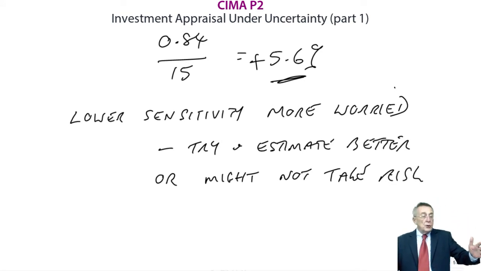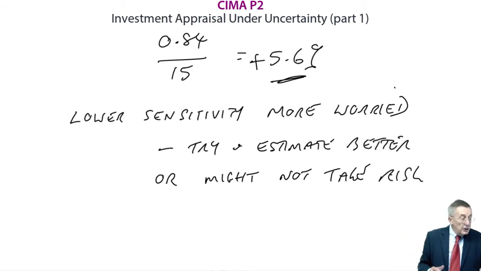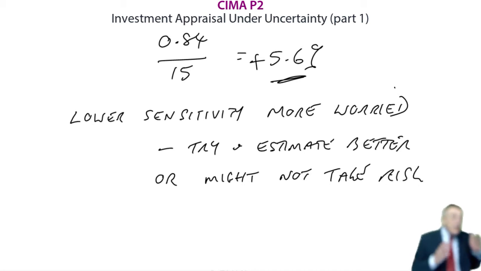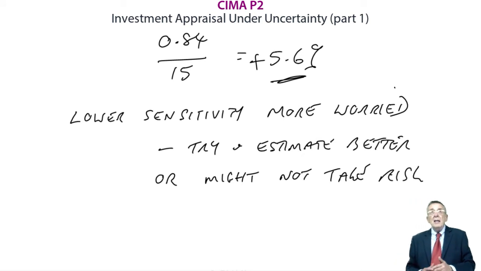You would agree with me, I'm sure, that in real life, in that last example we did, we think the volume will be 15,000 units a year, but it might be 10,000, it might be 15, it might be 20,000, and so on. We think the contribution will be $2.75, but it might be $2, it might be $3, it might be $4. Well, you all know what a spreadsheet is.